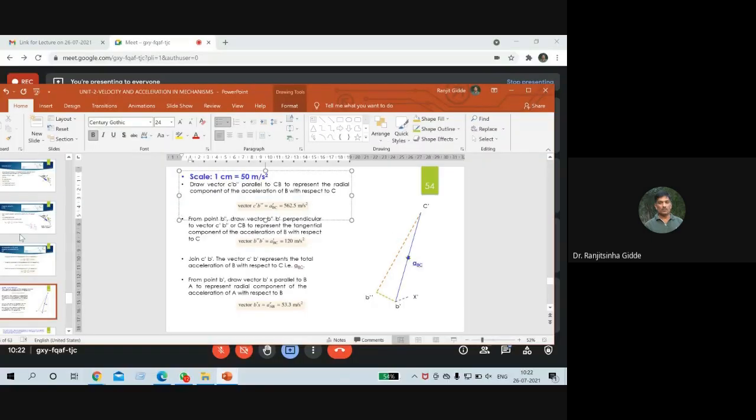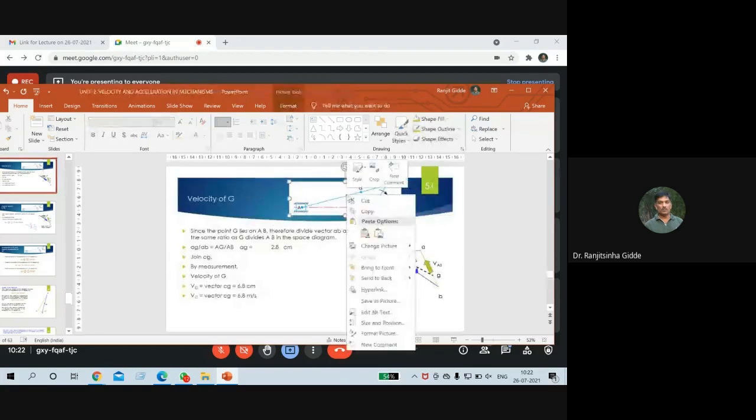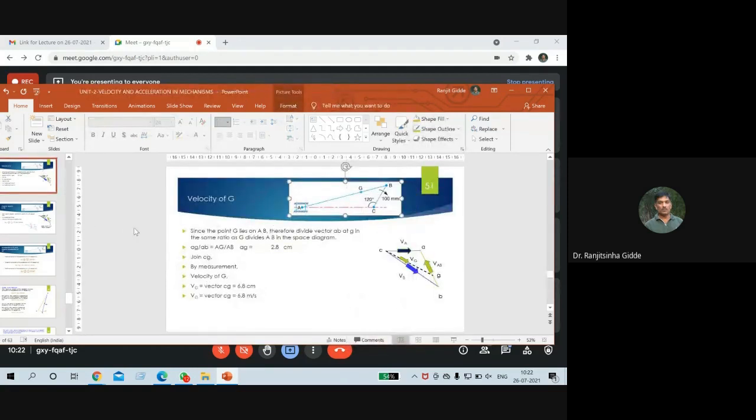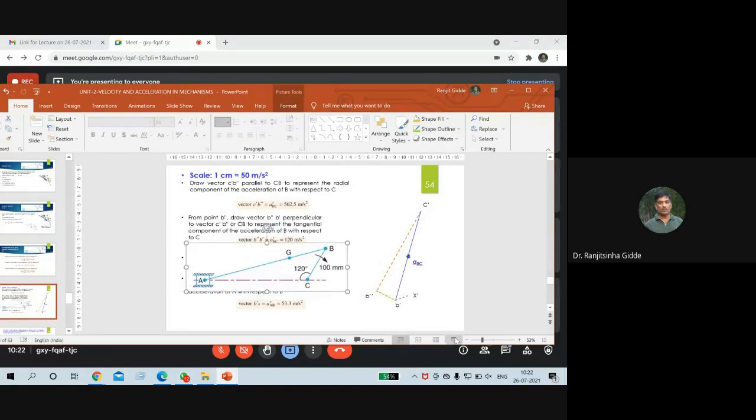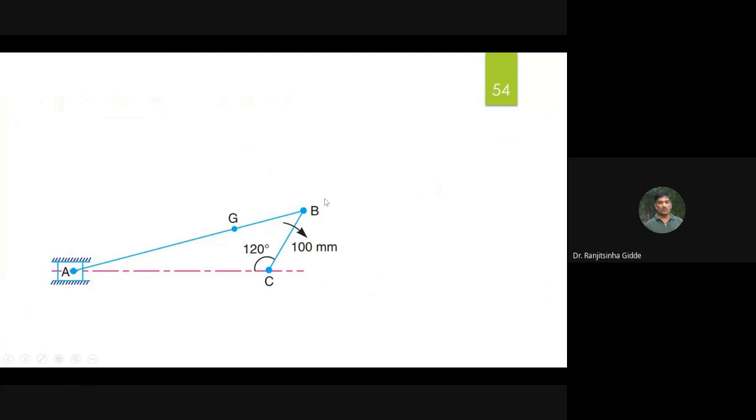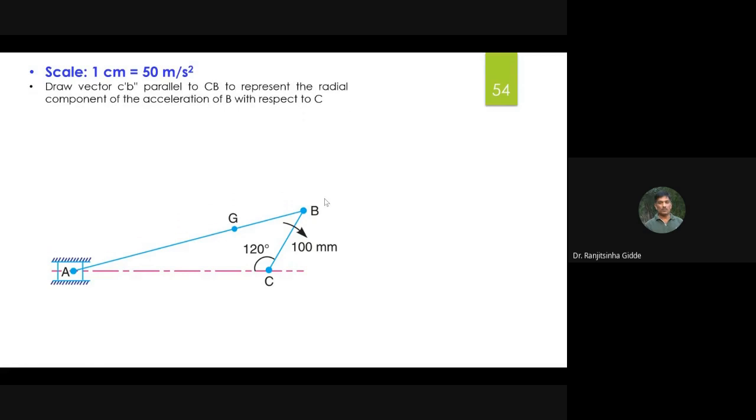Then I will copy this diagram once again for your information, then I will delete it. Then write down the first step.